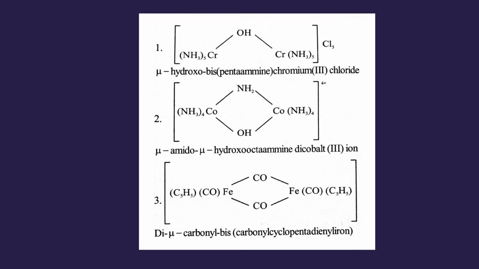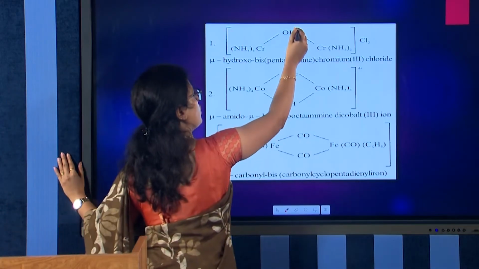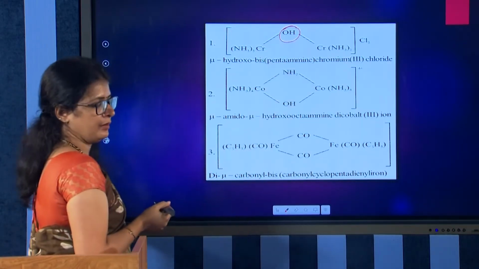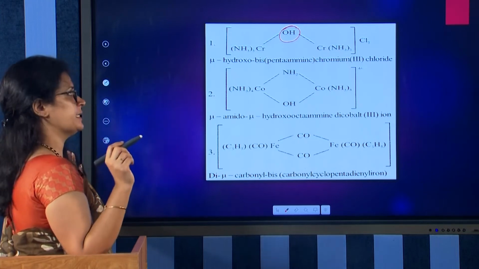Here are some examples of bridged complexes, and you can name them one by one. The first example is [(NH3)5Cr-OH-Cr(NH3)5]Cl5. In this complex, the hydroxyl ligand is the bridging ligand. Only one bridging ligand is there.